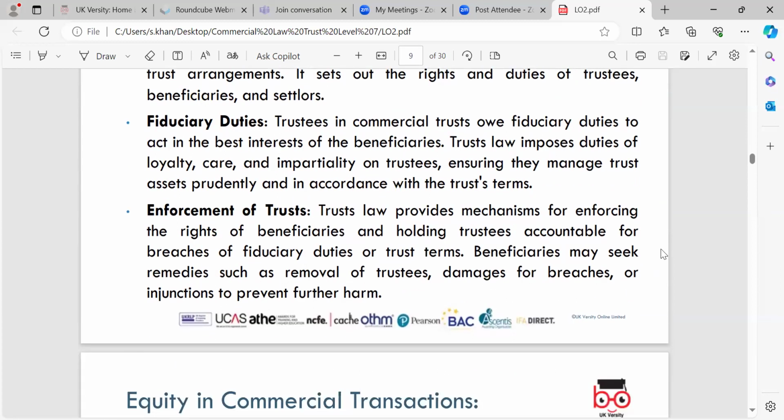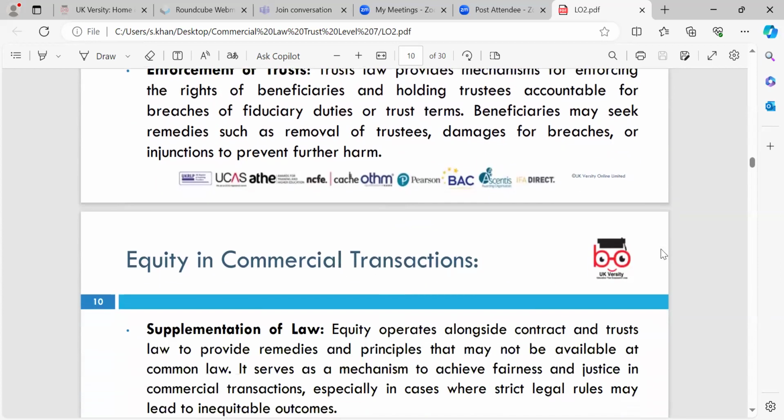Trust law provides mechanisms for enforcing the rights of beneficiaries and holding trustees accountable for breaches of any fiduciary duties or trust terms. Beneficiaries may seek remedies such as removal of trustees, damages for breach, or injunctions to prevent any further harm. So if there's been any breach of fiduciary duties, the beneficiaries can seek remedies.